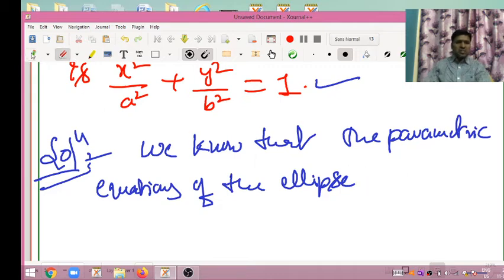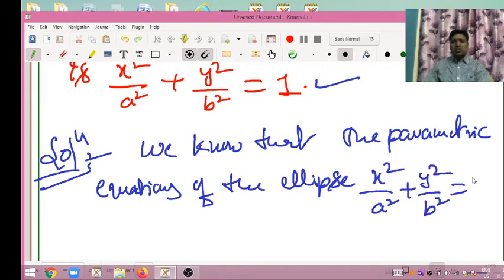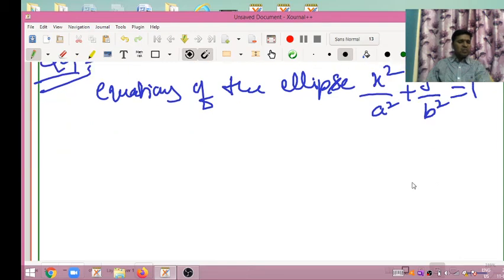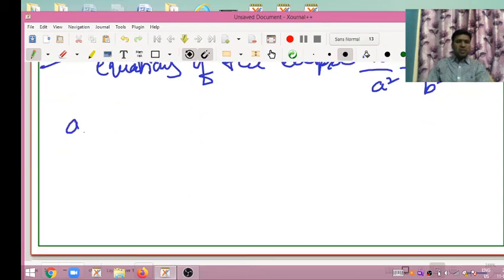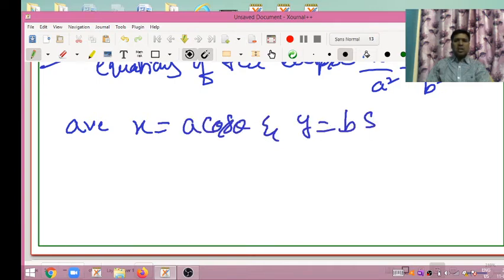X square by a square plus y square by b square is equal to 1 is given. For this ellipse, the parametric equations are x is equal to a cos theta and y is equal to b sin theta, my dear friends. We all know this one.